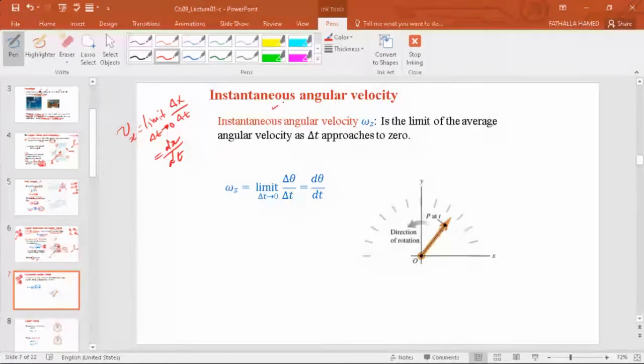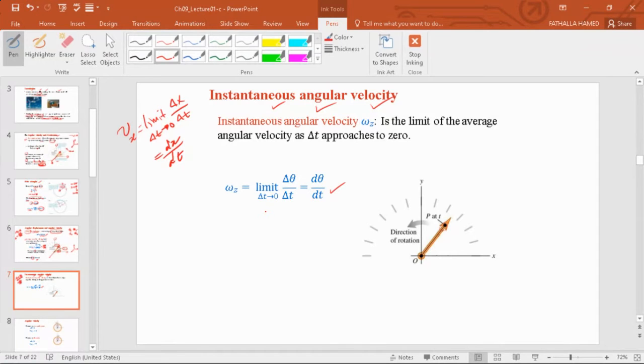We're going to talk about instantaneous angular velocity. We'll do that in the limit as delta t goes to 0 of delta theta by delta t, which is d theta by dt. So we take it in the limit as delta t tends to 0.